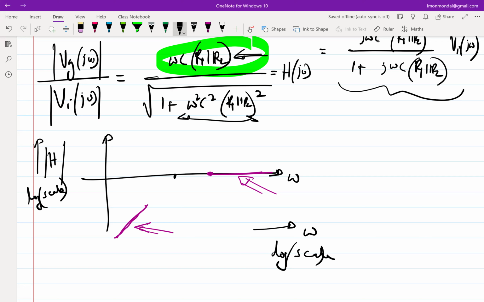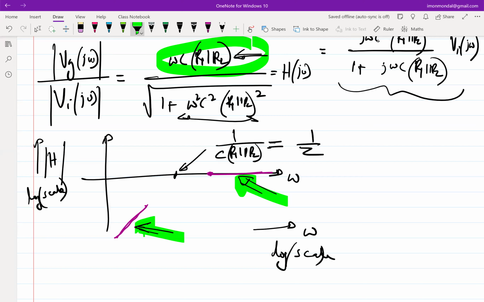1 by c times R1 parallel R2, which you see is nothing but 1 by the time constant. So as long as we are much higher than 1 over the time constant in this first order circuit, we are in the flat region of operation in the magnitude plot.